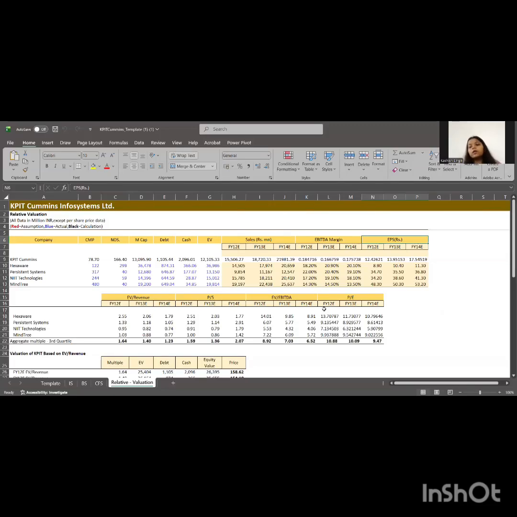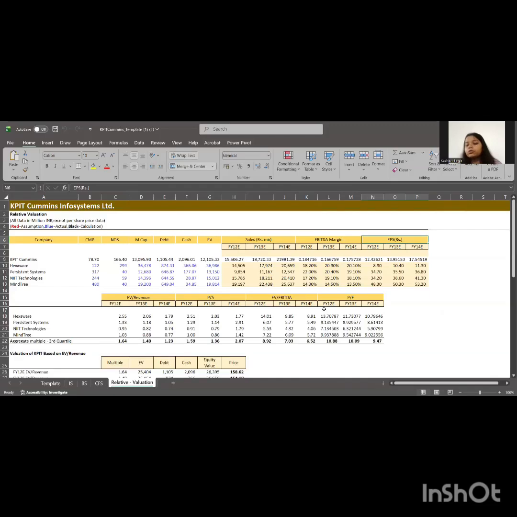For example, if the peer group's EV/EBITDA multiple is 10x and KPIT's EBITDA is 5,500 million, then fair EV is equal to 10 times 5,500. To find the fair equity value, we subtract debt and add cash.